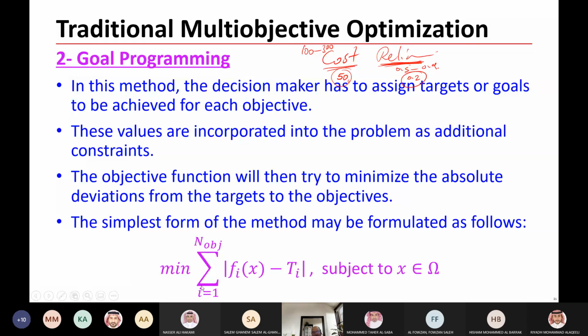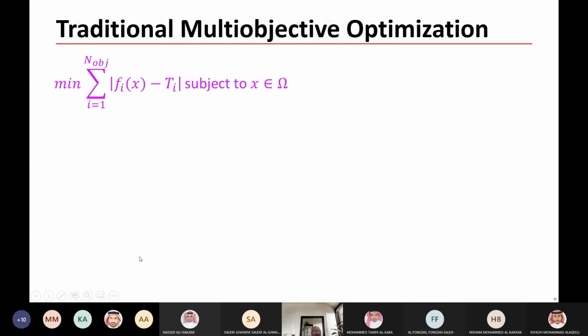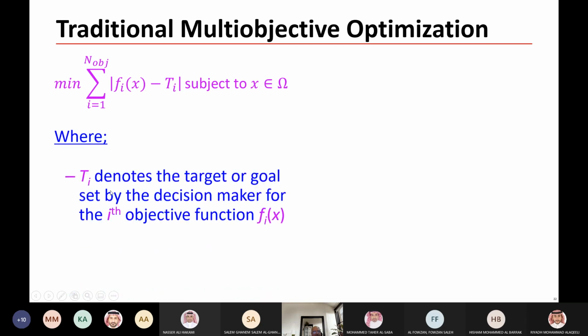You sum over all the objectives here, similar to the weighted sum, but here you are minimizing the distance between the objective and the target. So this is the objective function, where T denotes the target or the goal set by the decision maker for the objective Fi, and omega is the feasible region.